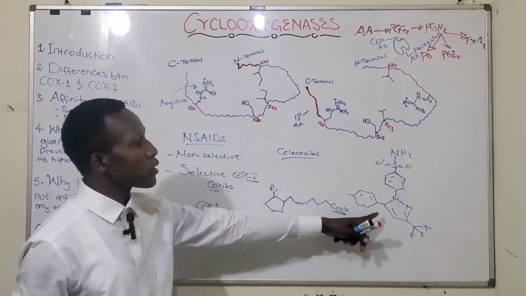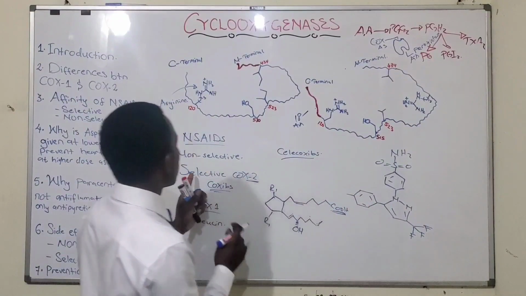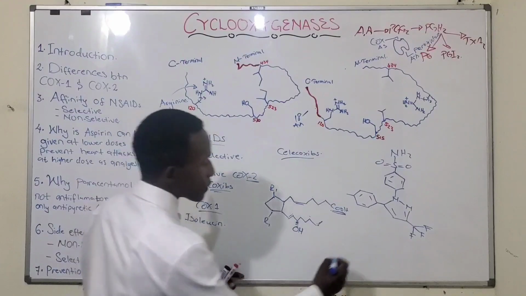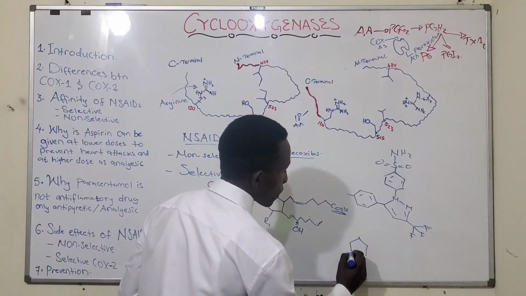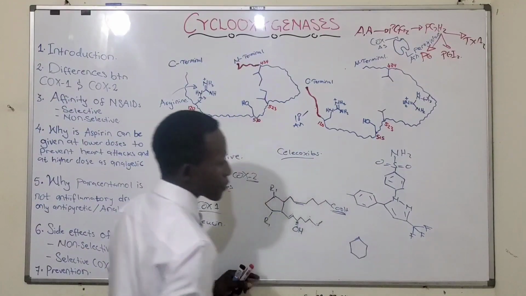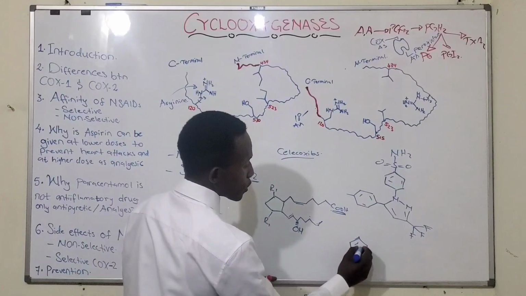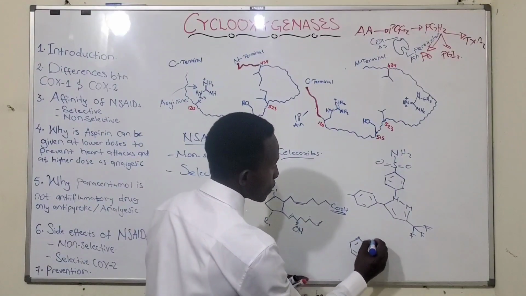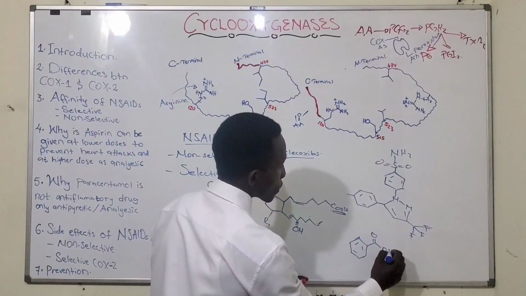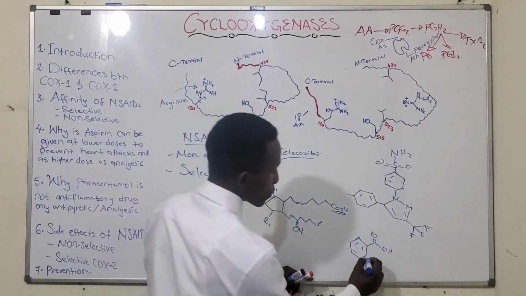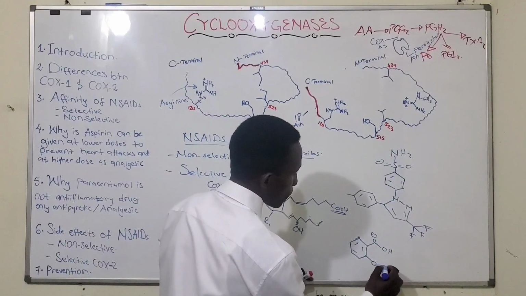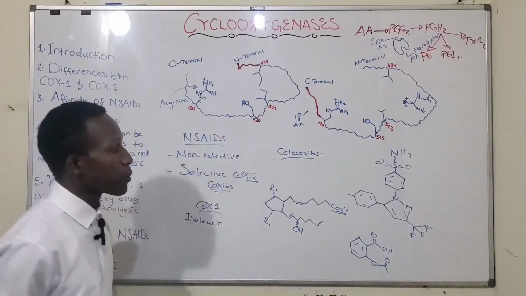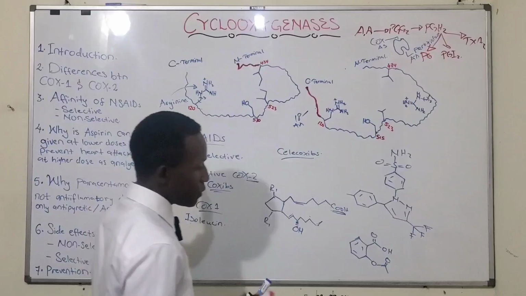This is celecoxib, and it is a selective COX inhibitor. Now, aspirin. This is the structure of aspirin. It has a carboxyl group, and it has an acetyl group. This is aspirin.